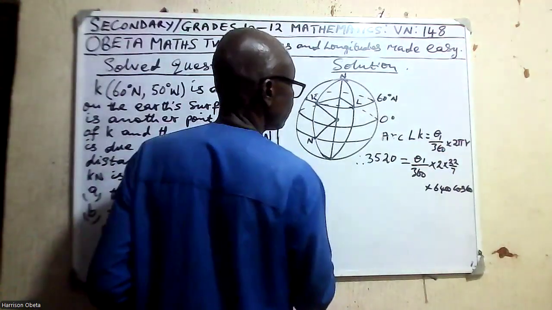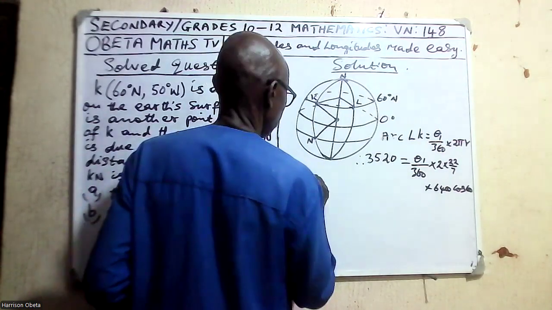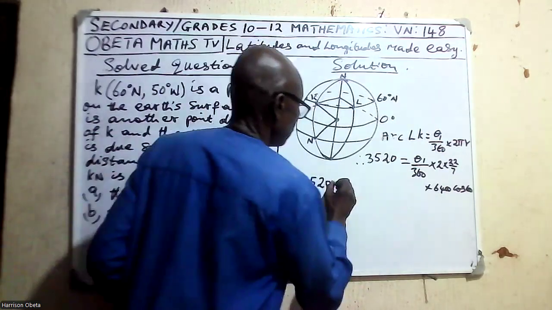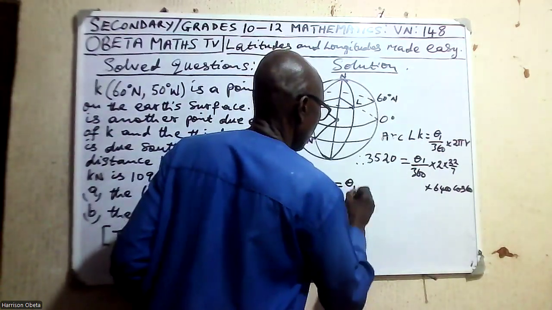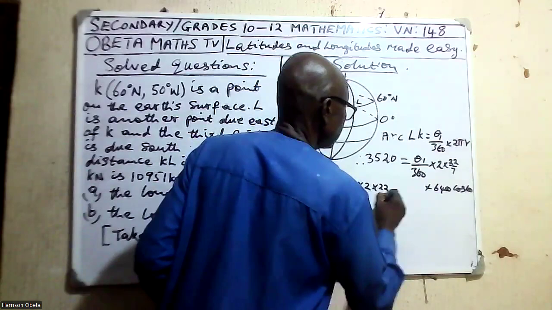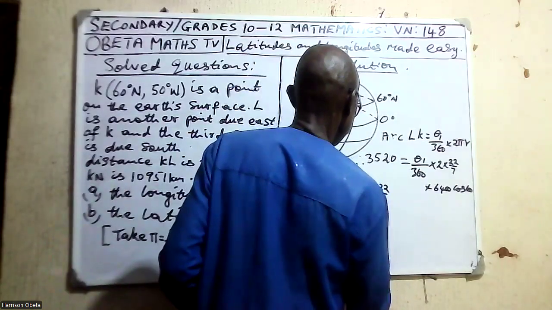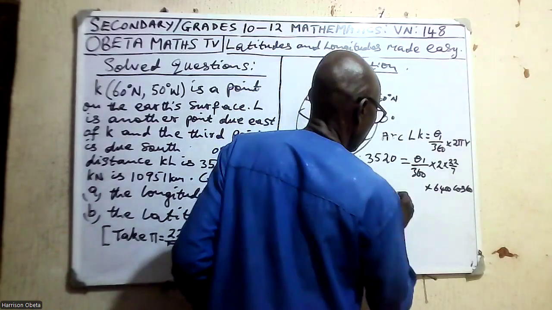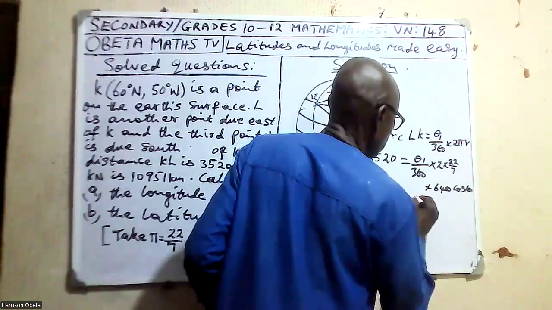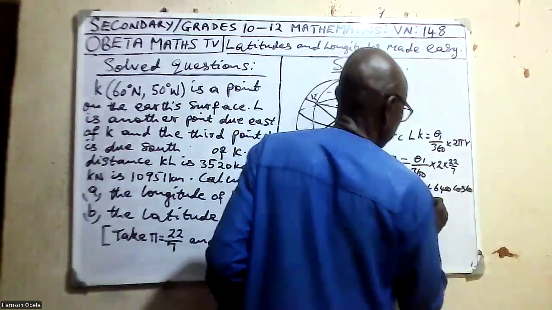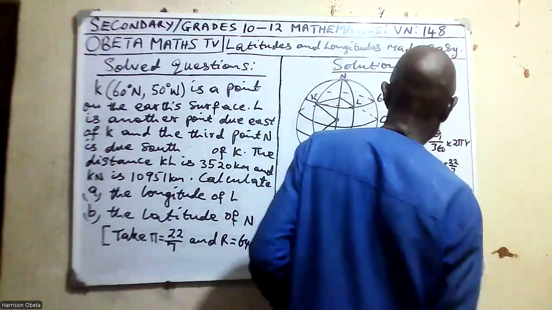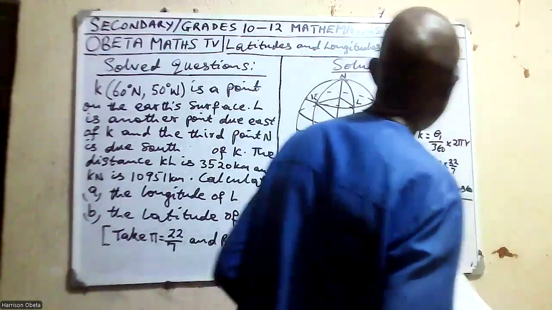So coming back, we have 3520 is equal to theta 1 times 2 times 22/7, over 360, multiplied by 6400, multiplied by cos 60.